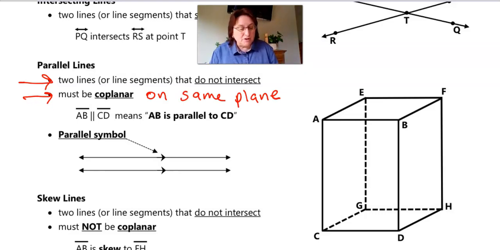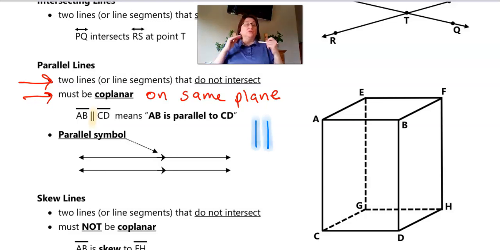Now, we're going to denote parallel lines using this notation right here. That means that line segment AB is parallel to line segment CD. I'll write it out a little bit bigger. It's two slanted segments that look like that, placed in between the names of my line segments.